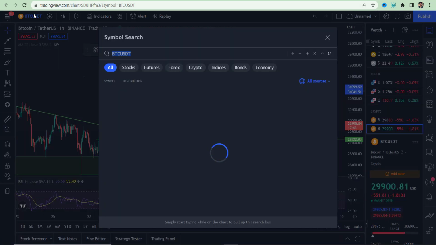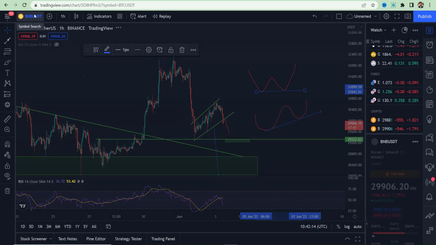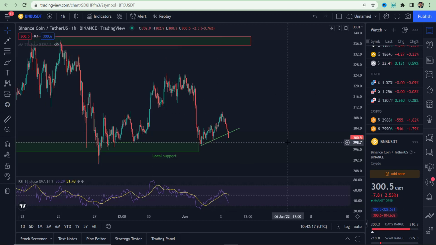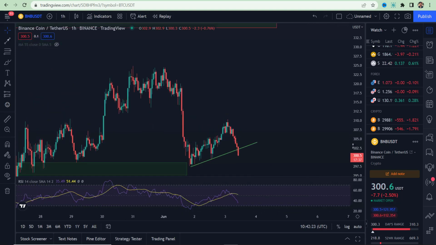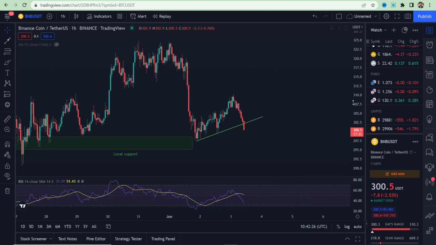Let's jump to the coin BNB. I have a short position in BNB right now. I have updated in this short position in the group as well.